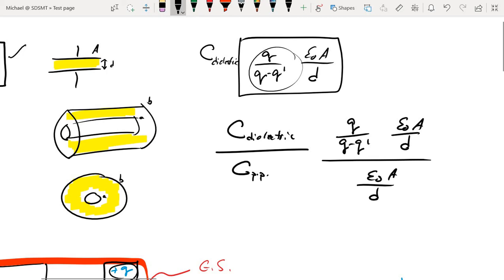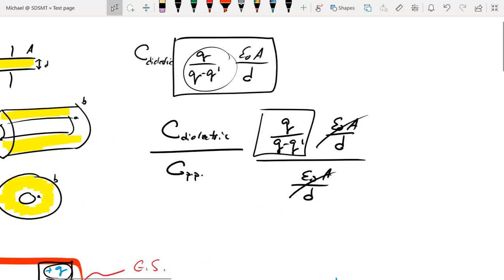So really all I have to do is just build the thing, measure the capacitance values of each individually, and the ratio of the two will tell me what the charge ratio within that dielectric material is.